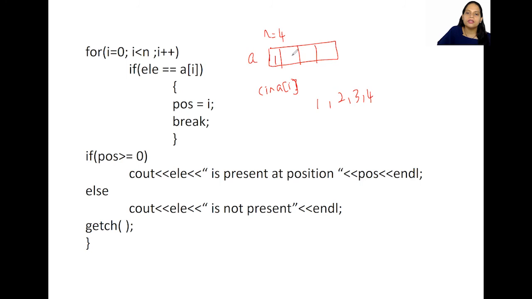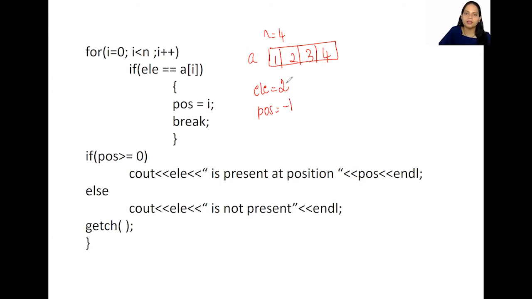Then 1, 2, 3, 4 gets stored here. Till here it is clear; I already explained this logic in the previous program. Then we said enter the element to be searched. Suppose I say the element to be searched is 2, and we also initialized position to -1. These are the initial things we did.